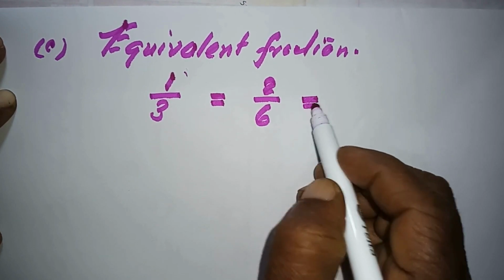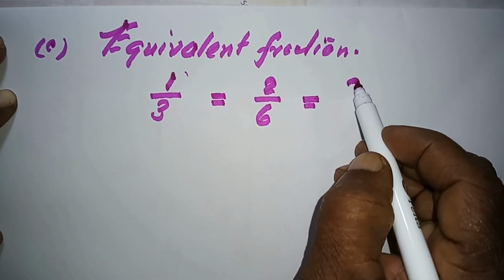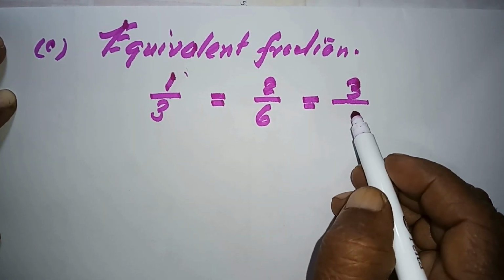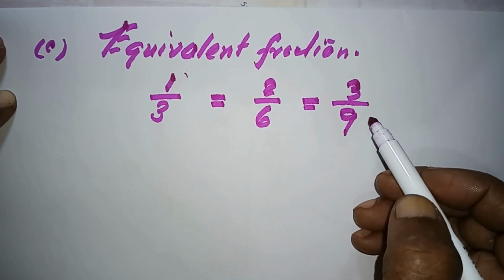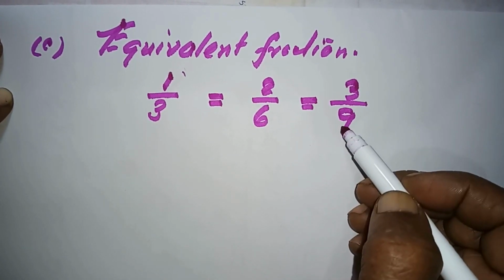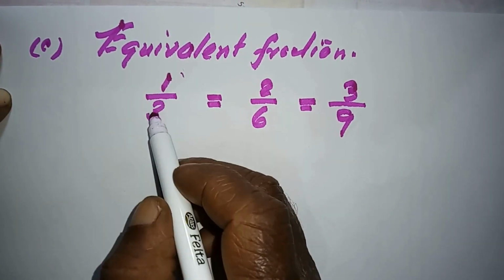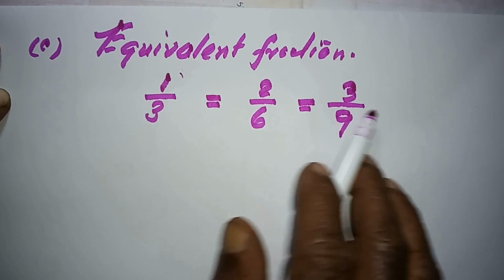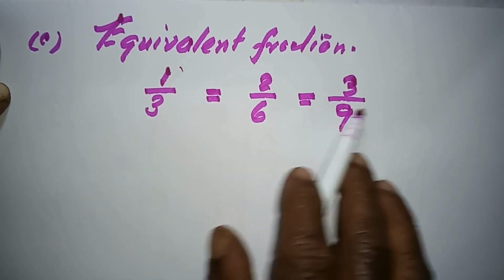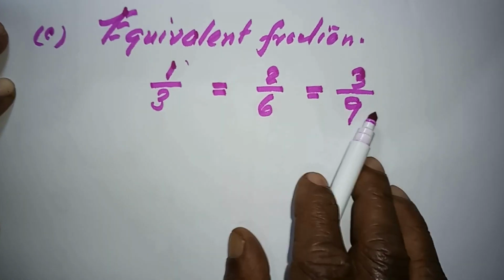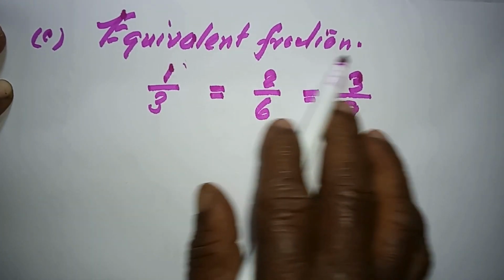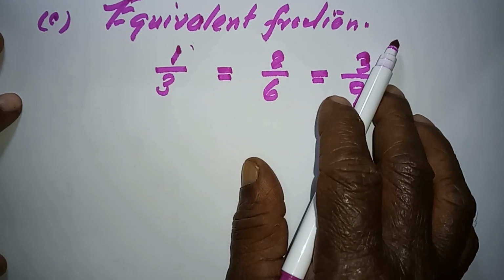And also I can write this as 3/9. When you simplify this, that also equals 1/3. That means all the values of these three fractions are equal. So those fractions we call equivalent fractions.